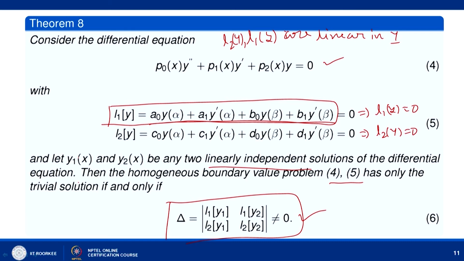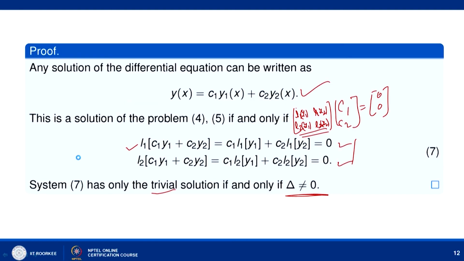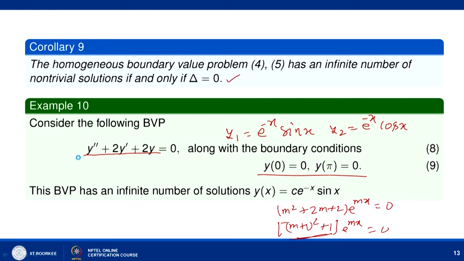You can take y1 and y2 as any two linearly independent solutions, but delta depends on the boundary condition rather than on the solutions themselves. So, you can take any two linearly independent solutions and easily check this. Let me take the solutions as e to power minus x sin x and e to power minus x cos x. The general solution is y of x equal to c1 e to power minus x sin x plus c2 e to power minus x cos x.